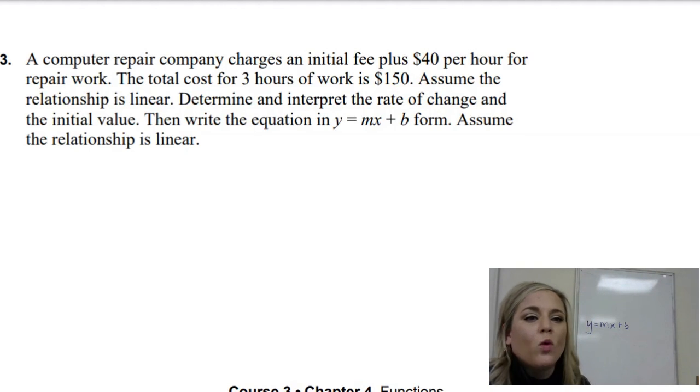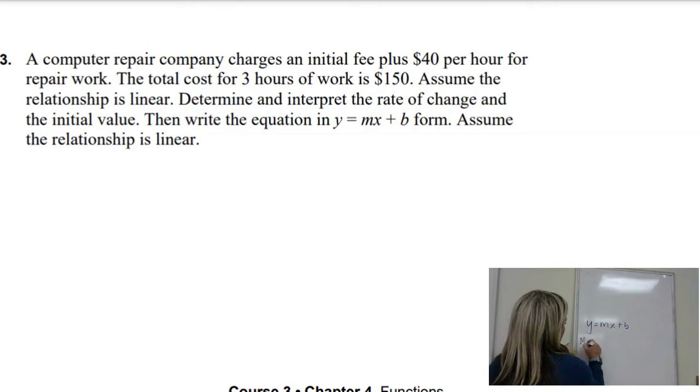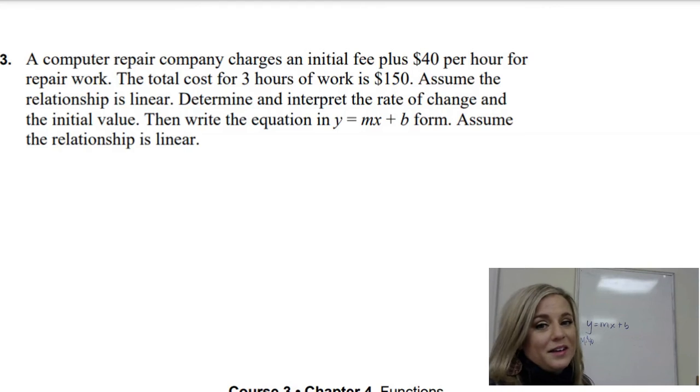Okay, so we know that the computer repair company charges a fee, plus they charge $40 an hour. Okay, so we know that our slope should be $40, because it is $40 per hour. Okay, so that is our rate of change.